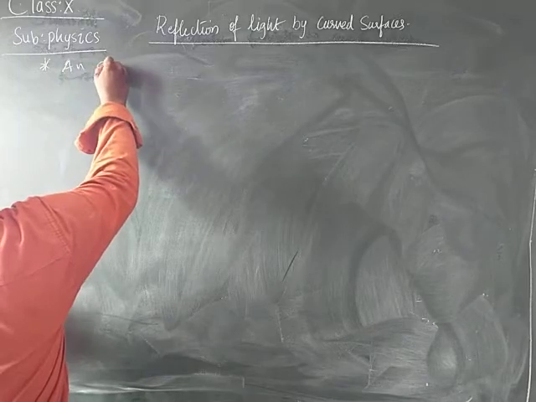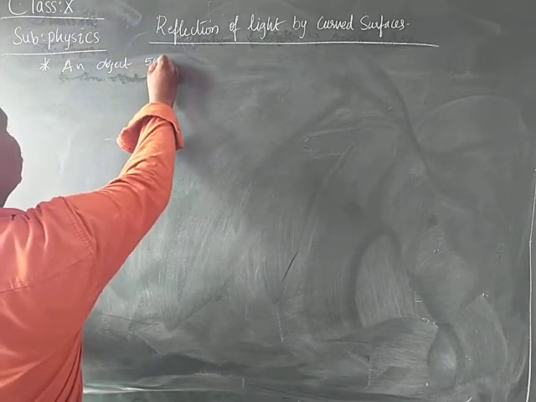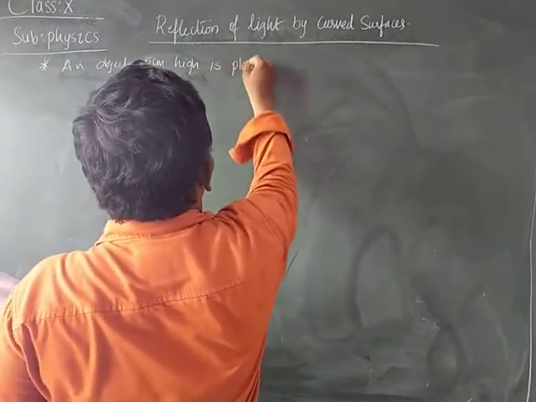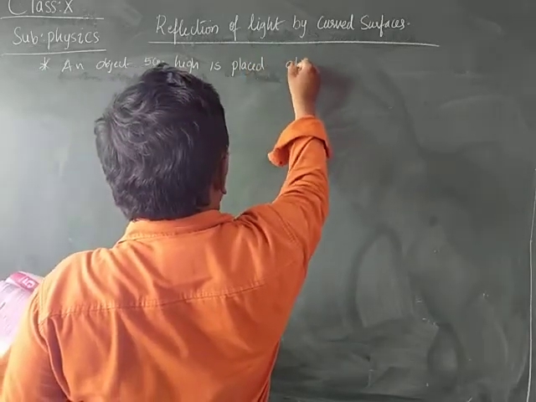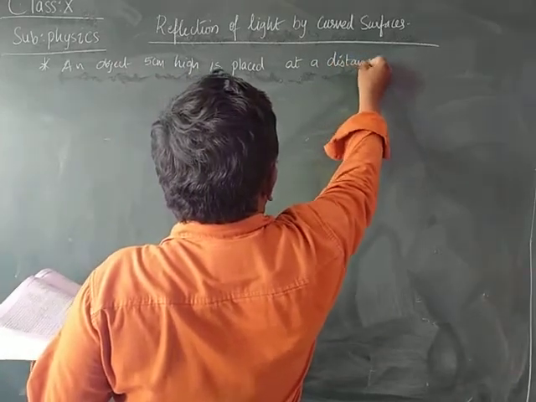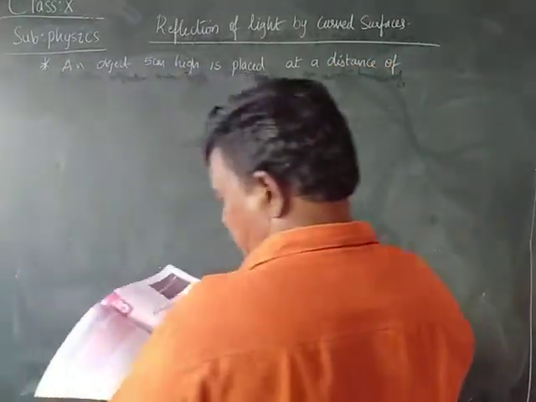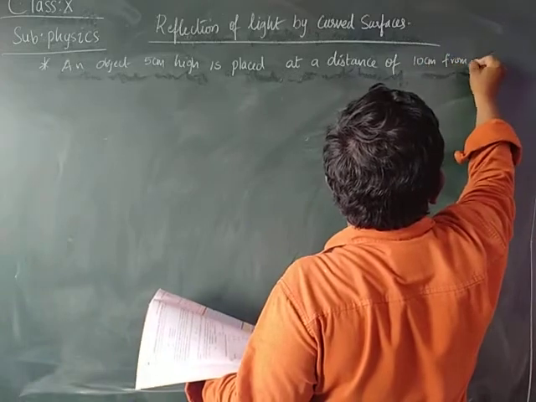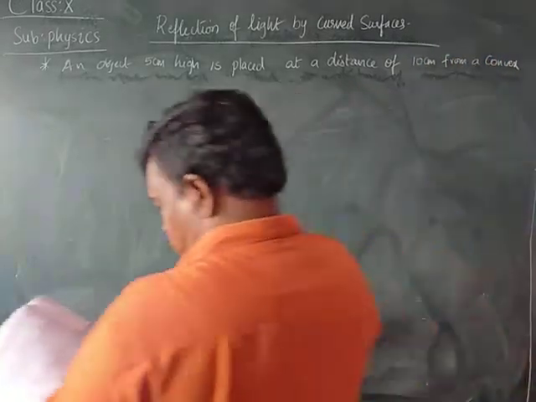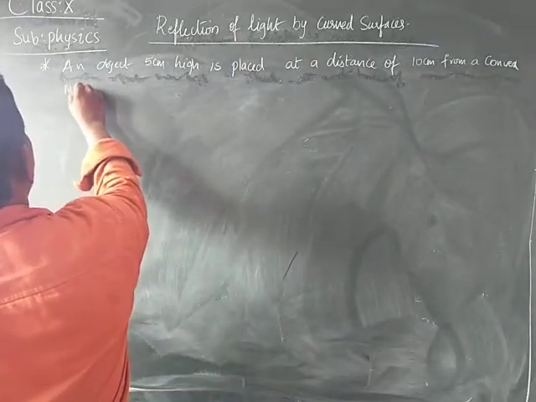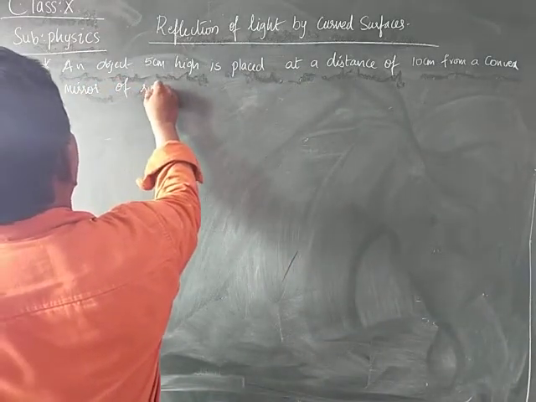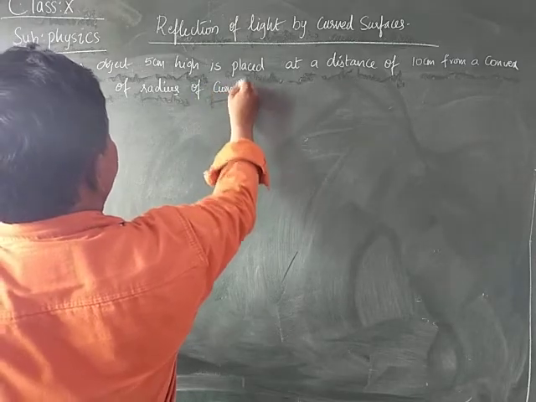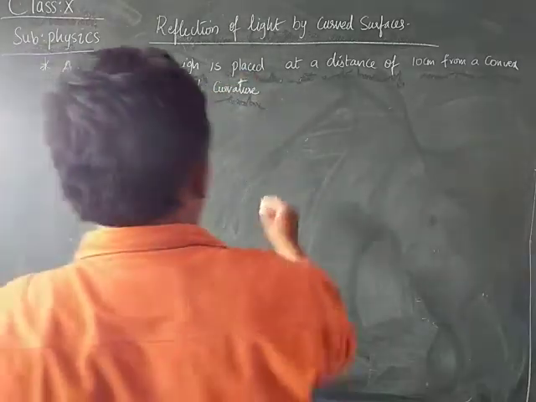An object 5 centimeter high is placed at a distance of 10 centimeter from a convex mirror of radius of curvature 30 centimeter.